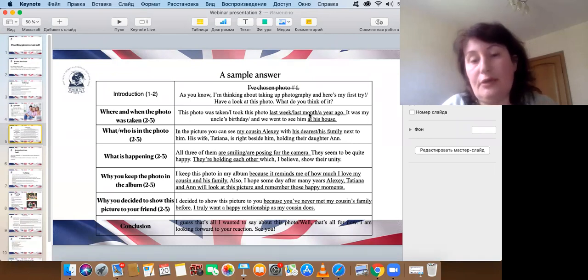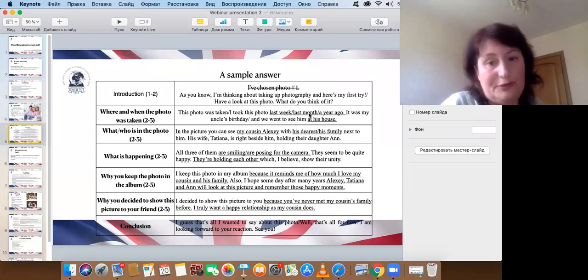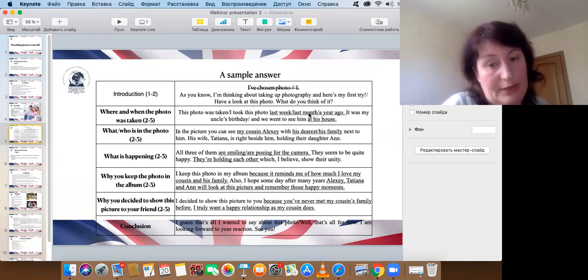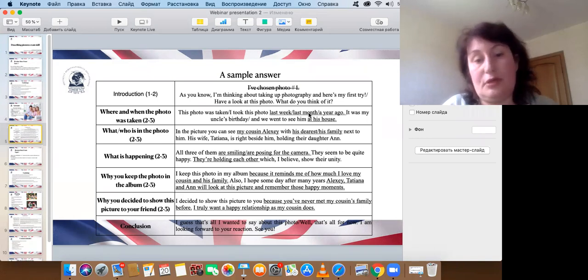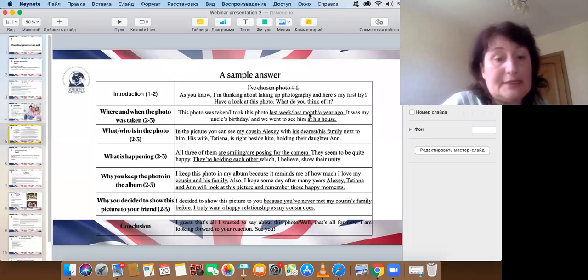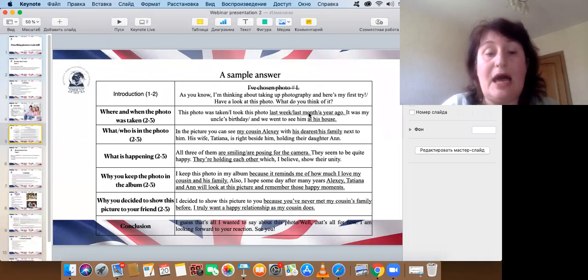But if you say that it's you in the photo, with your cousin, your sister, it would sound a little bit strange. That's why you may use just your family members as the characters in the photo, but try to avoid putting yourself.